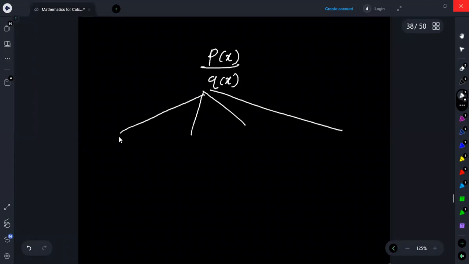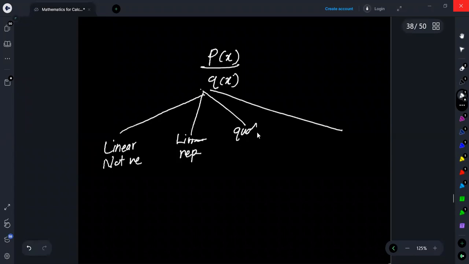The first one is q(x) has linear factors but not repeating. The second case, the factors are linear and they are repeating. And the third case, the factors are quadratic and not repeating. And the fourth case, the factors are quadratic and repeating.